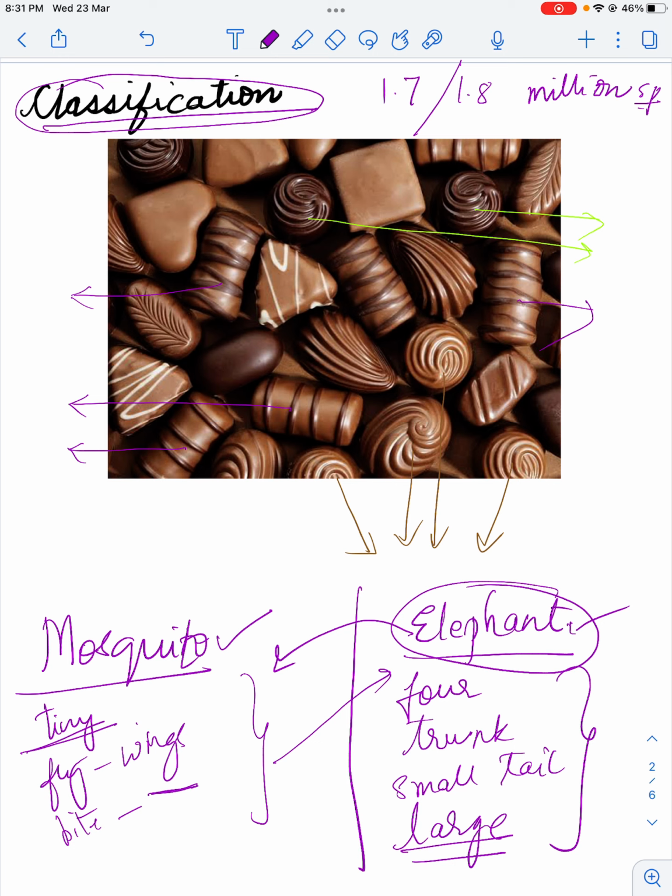Now, let me go ahead further and say that the scientific term for these various categories into which we classify the living organisms is taxonomic categories.